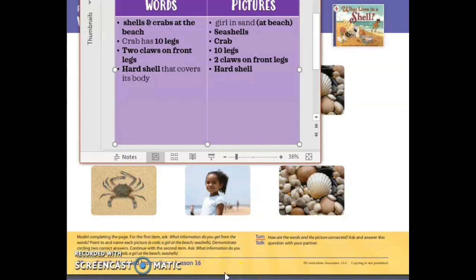What information do you get from the pictures? A crab, a girl at the beach, seashells. So let's look in the picture. There's a girl in the sand, seashells, and crab.